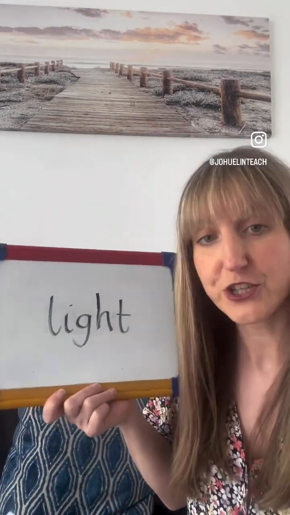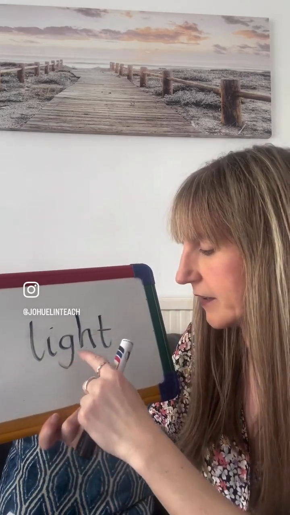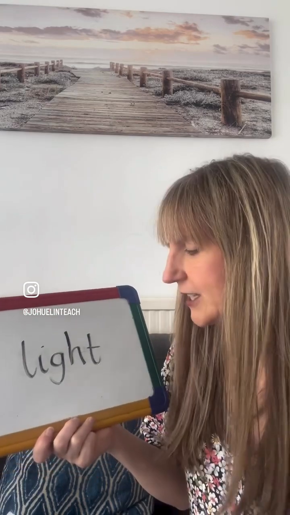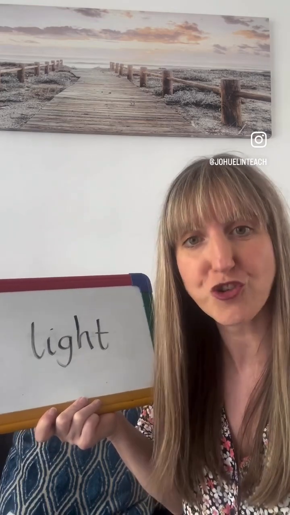So let's do another one. I'm writing this word, and children might see it and say, l, i, g, h, t, liget. And you say, that's not a word, but we have been learning the igh trigraph.